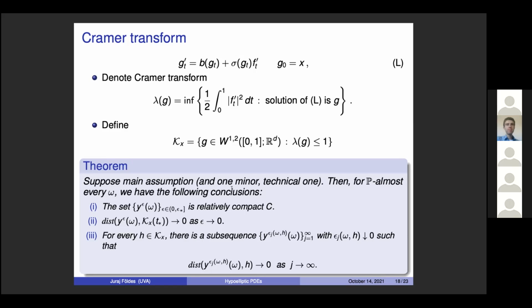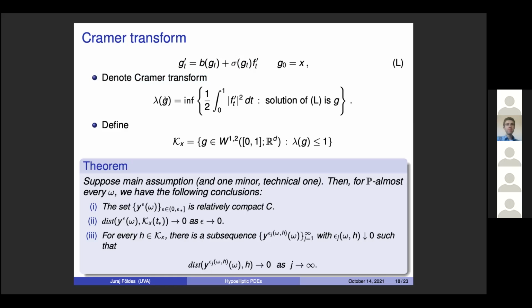Suppose that we have the convergence, and then almost surely we have these conclusions. For every solution, we associate the so-called Cramér transformation.